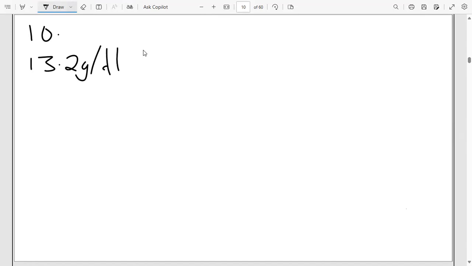This is the measured value, and we have the non-standard to be 13.0 grams per deciliter. So they've asked us to find the absolute error.